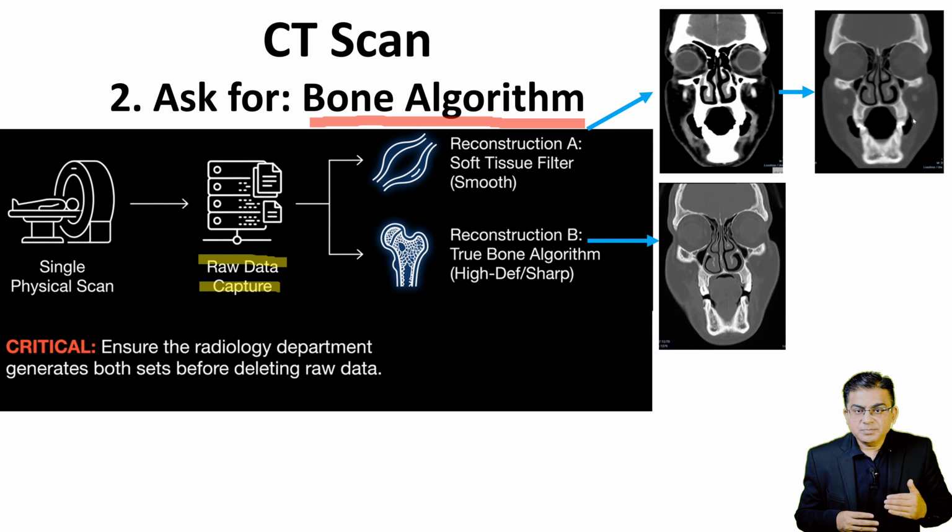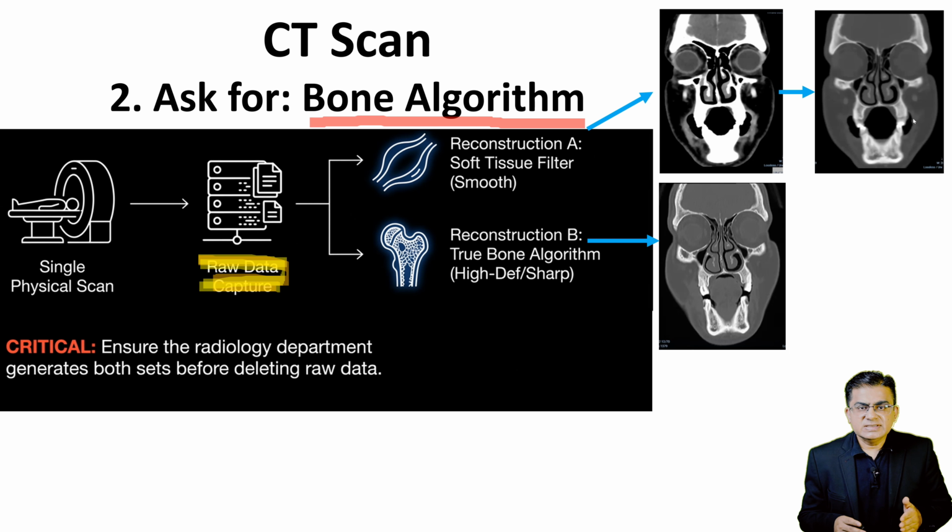This raw data holds the potential to become any type of image. Because it contains all the attenuation information, the computer can use different mathematical equations, or algorithms, to mold that same raw data into either a smooth soft tissue image or a highly sharpened bone image.